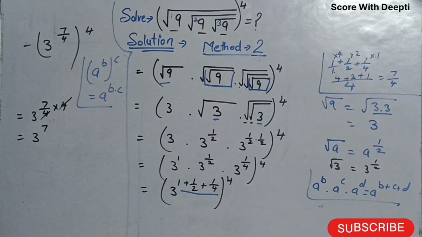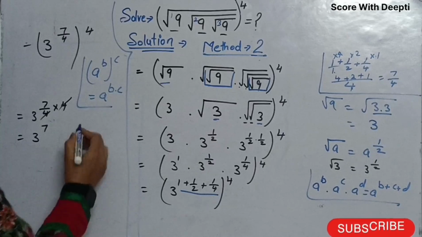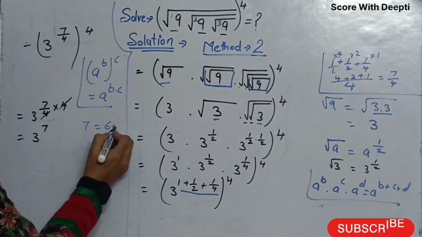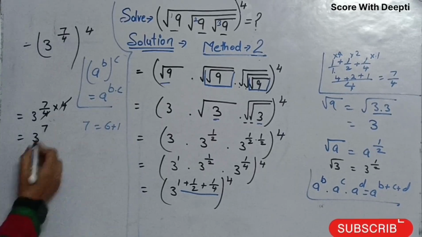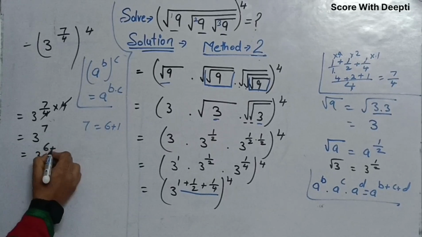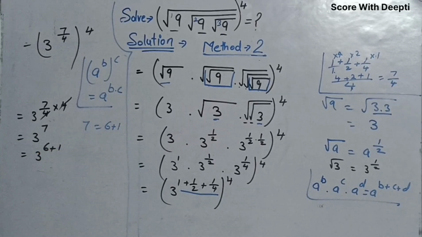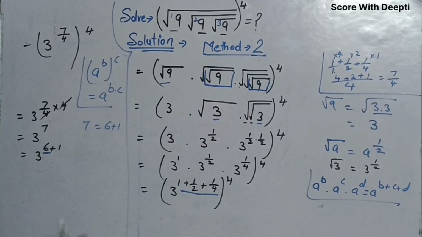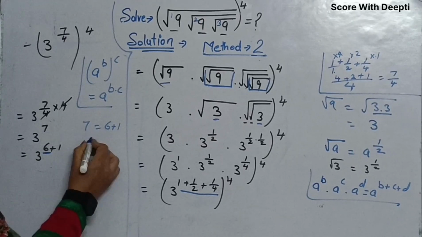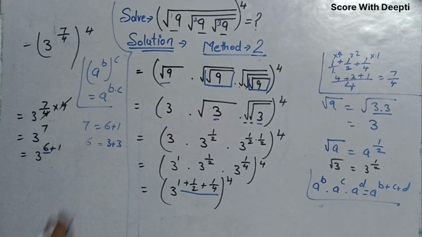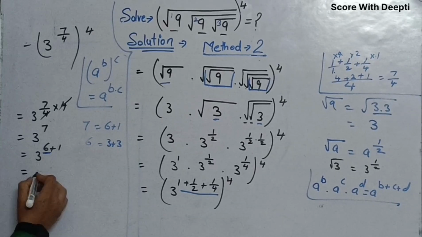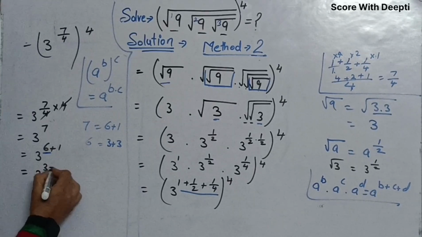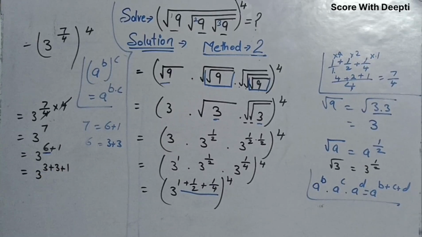And 7 can be written as 6 plus 1, so we write 3 to the power 6 plus 1. Next, to solve this easily, again we write 6 as 3 plus 3. Means here we write 3 to the power 3 plus 3 plus 1.